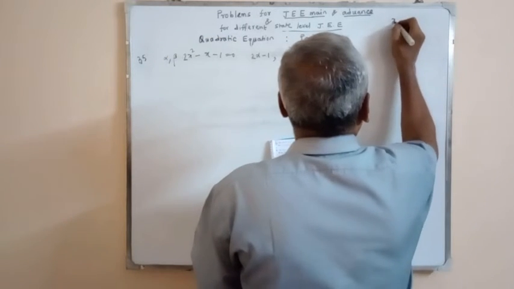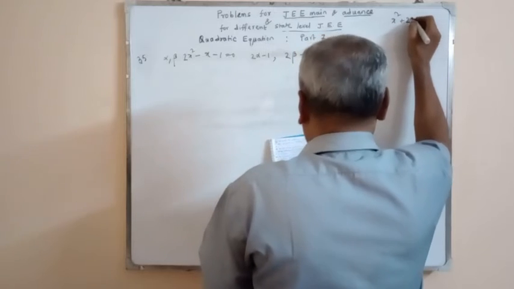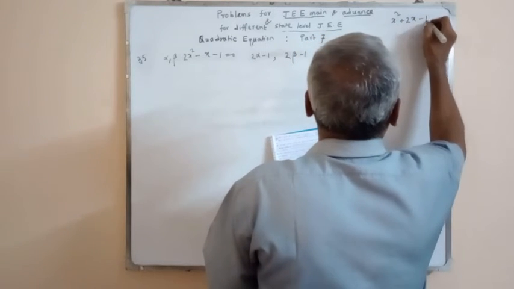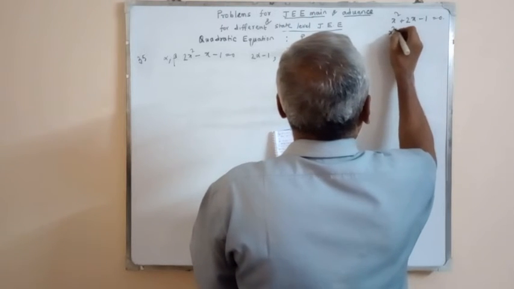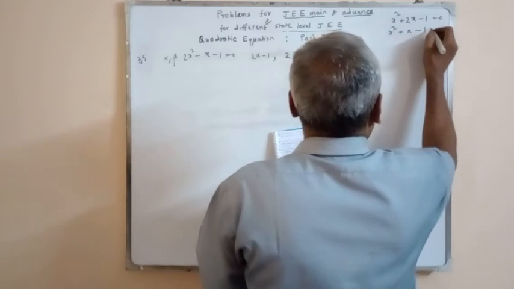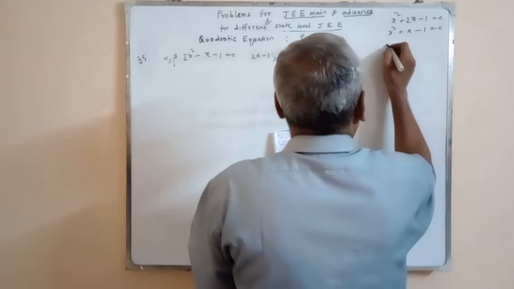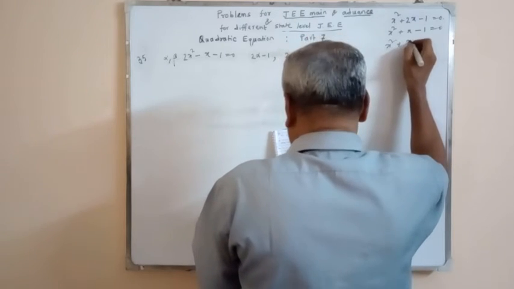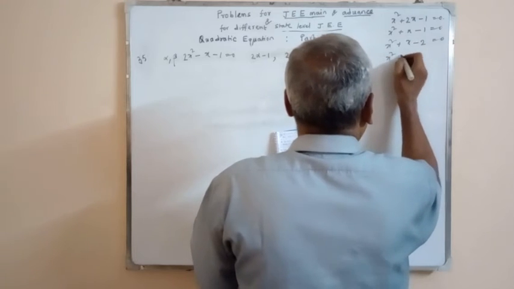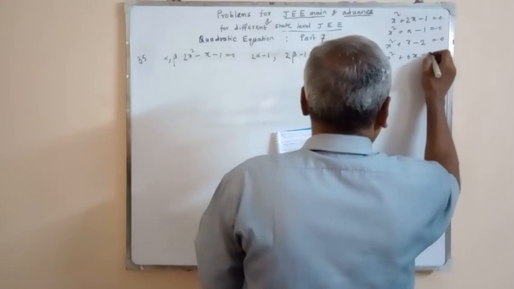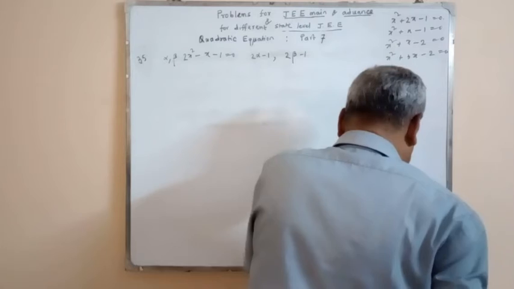Options: x square plus 2x minus 1 is equal to 0, x square plus x minus 1 is equal to 0, x square plus x minus 2 is equal to 0, x square plus 3x minus 2 is equal to 0.